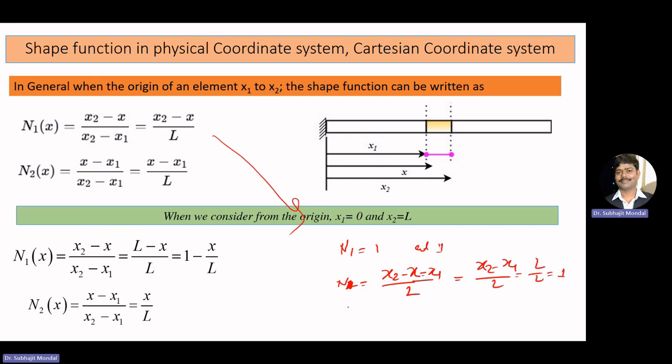At the same time, N2 will be (x1 minus x1) by L, which is equal to 0. So you see the value of the shape function will be 1 at node 1 and it will be 0 at the other node. Similarly, we can also do it for N2.